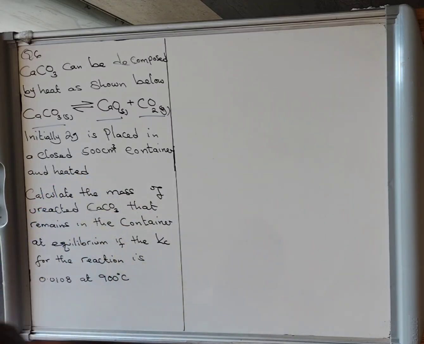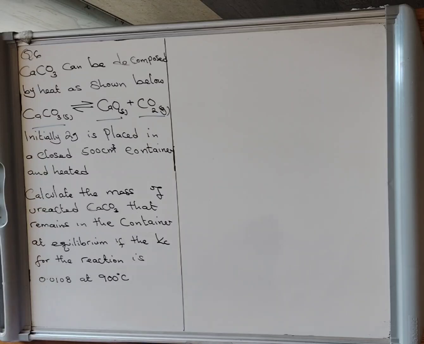Then the question says calculate the mass of unreacted calcium carbonate that remains in the container at equilibrium if Kc for the reaction is given. So this is a special case, that's why we picked it up.